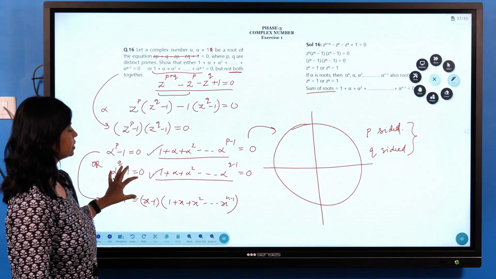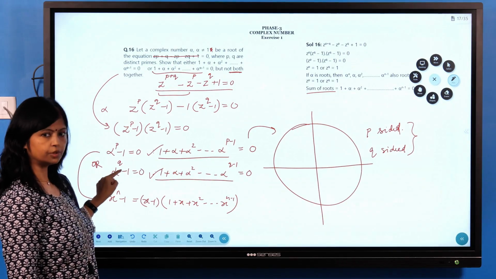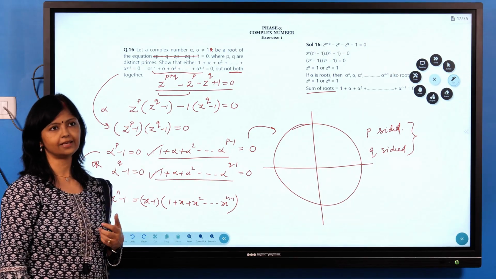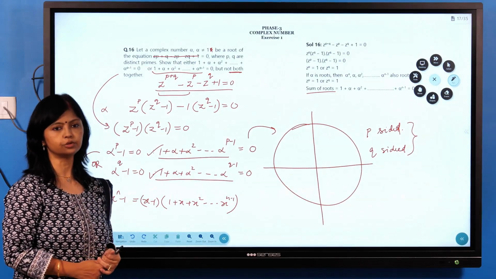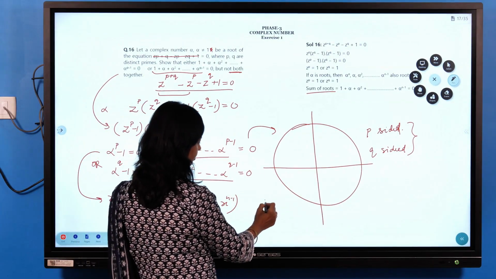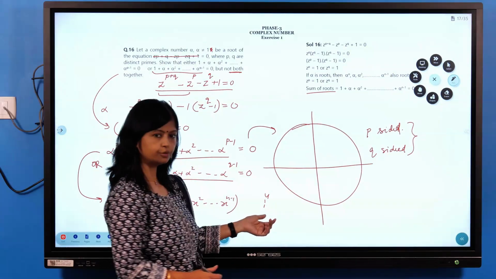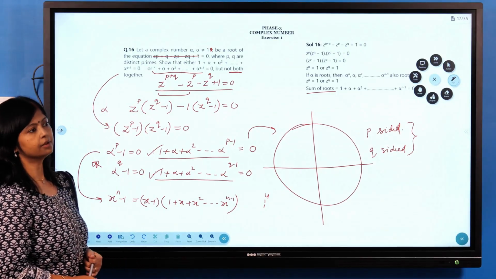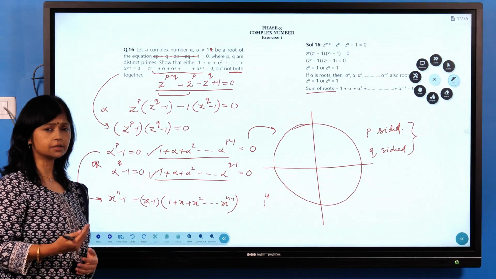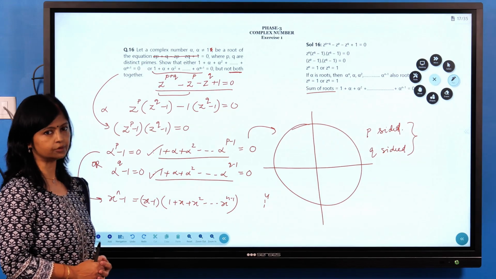The only thing we have to remember is the roots are going to coincide. If alpha is a fourth root of unity, then alpha is also a second or square root of unity. If alpha is a sixth root of unity, then alpha is also going to be a second root of unity.